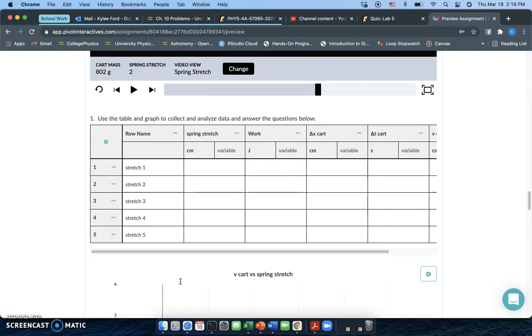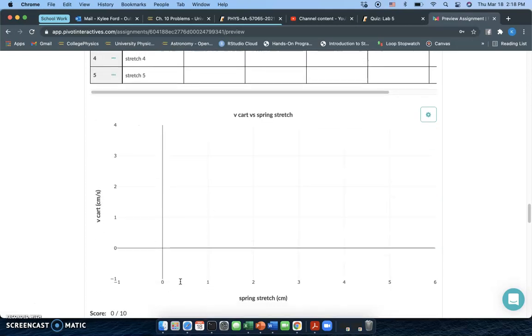You're keeping your cart mass constant and changing that spring stretch, the distance that it stretches, or delta x.